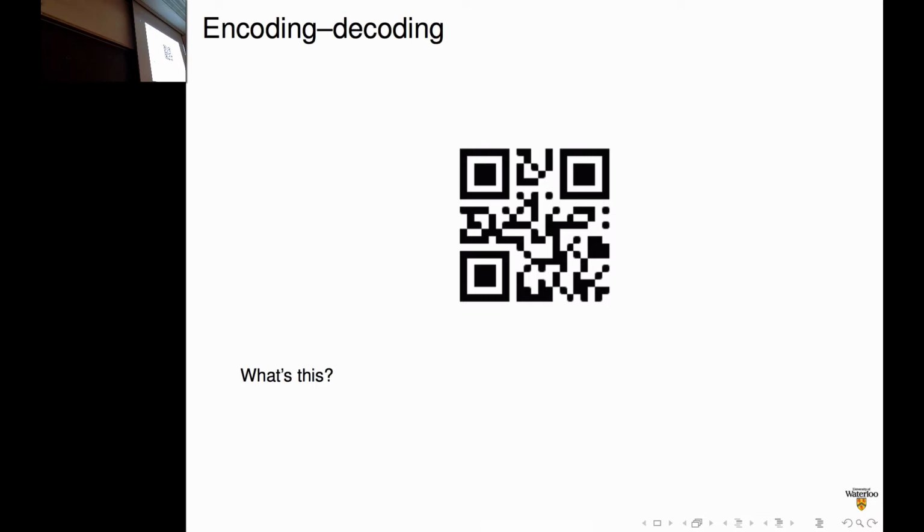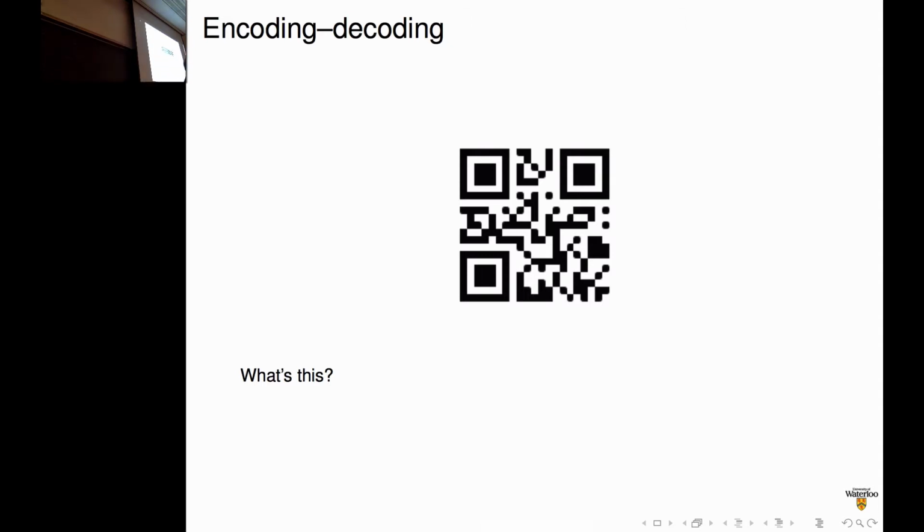Okay, so the key here is this is an encoding of something, and we need some way of decoding this. This is a QR code that originated with the Japanese automotive industry, and it's got a lot of information in a 2-dimensional layout. But it's really hard for us to figure out what that is.